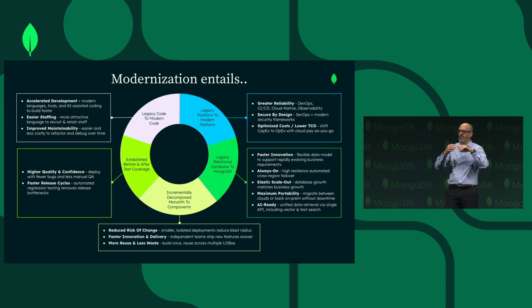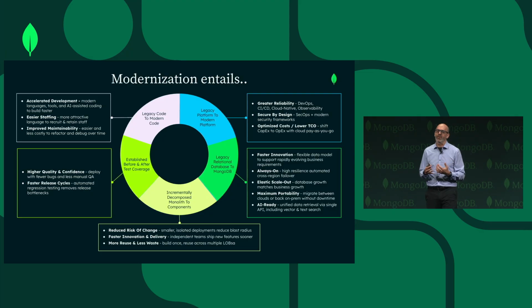It typically involves taking a monolith and decomposing it into a modular architecture, whether a modular monolith or a set of microservices. Then, equally important, creating test coverage so that as you're doing the transformation, and later when you add new capabilities, you can continuously validate that the application works as desired and you haven't broken anything. And finally, the last step is doing the actual code transformation from legacy code to modern code.